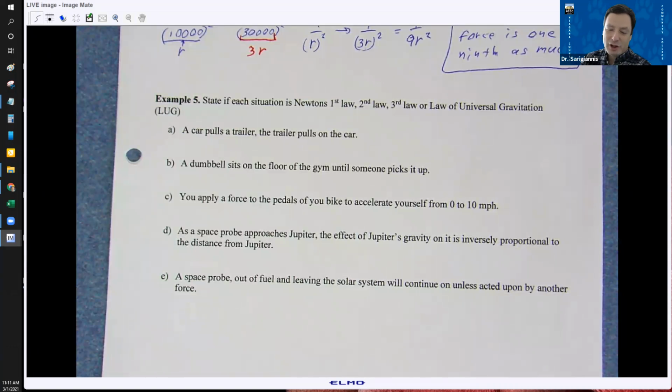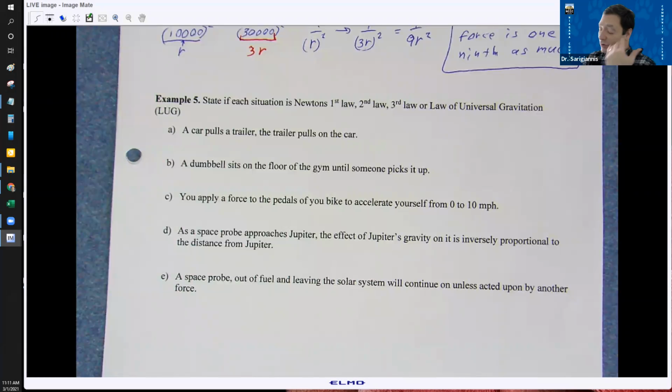So Newton's first law, law of inertia, right? Object in motion stays in straight line motion. Object at rest remains at rest. Newton's second law, force equals mass times acceleration. And the third law, action, reaction, right? For every action, there's an equal and opposite reaction.